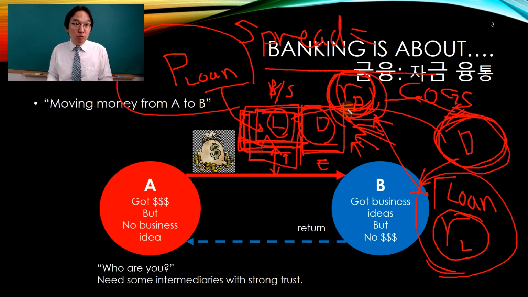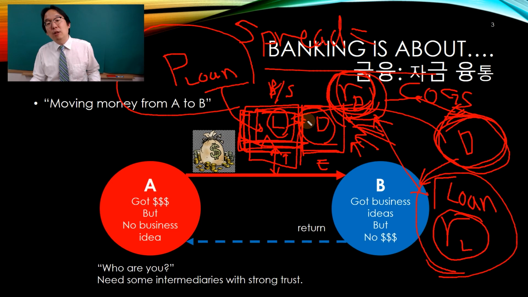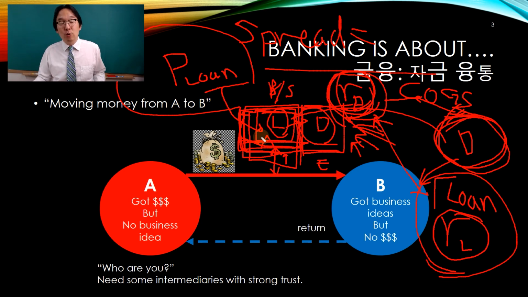Then you're screwed. Remember, you have to repay these depositors at random times. But what if this asset value or loan portfolio value shrinks like crazy so that you cannot repay the deposit amount? Okay, you're in trouble.